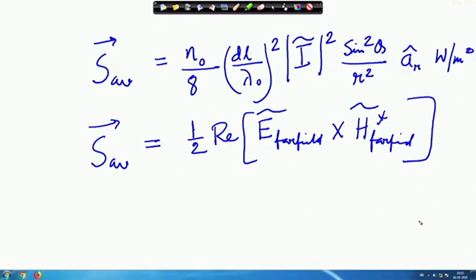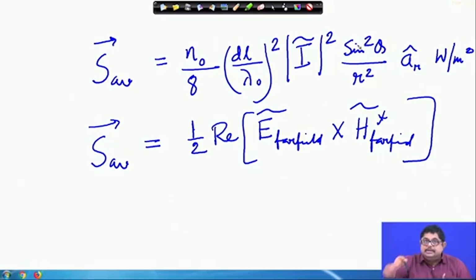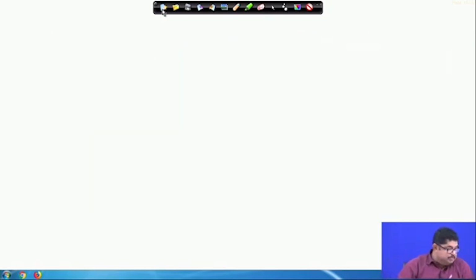Okay. And now we can also find out, you see all these are constants. So, at a particular distance r, the radiated power has a sin square theta type variation.